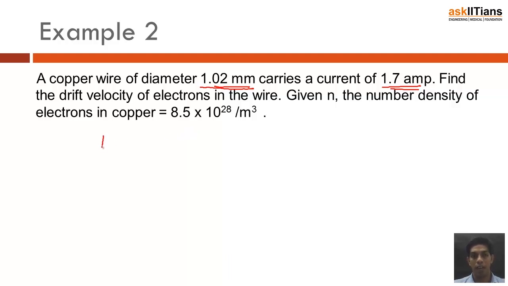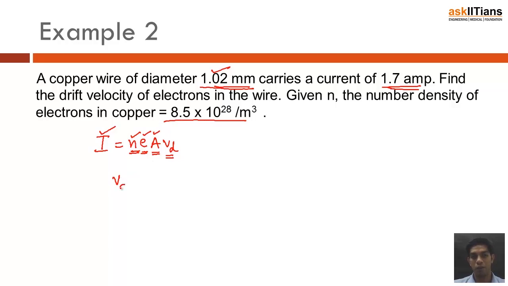We know that current is equal to nAevd, where n is the number density, e is the charge of the electron, A is the area, and vd is the drift velocity. We have the diameter, so this gives me an idea about the area. We have the current, we also have the information about n, and we already know e.